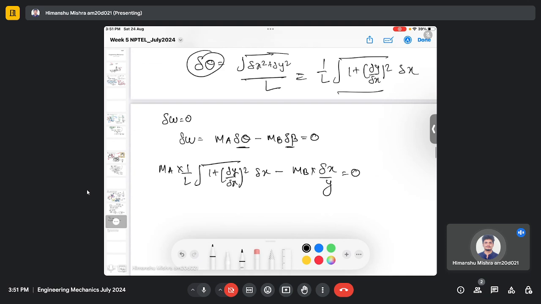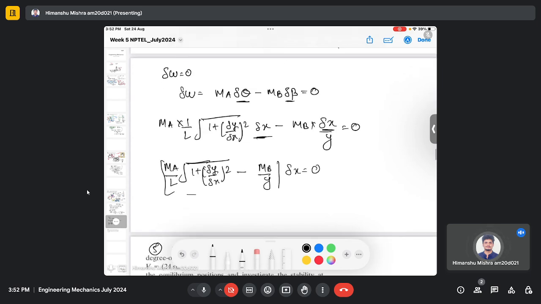So if I take the common term del x out, in the earlier example we took del theta out and we got the force balance equation. Here we are doing the same thing with del x equal to 0, and we got this moment equation, which definitely you will get if you do the moment balance analysis, right?